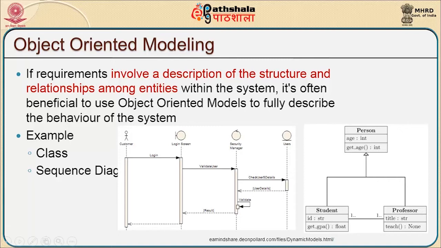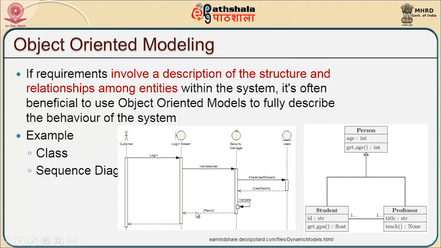So this gives a clear intention of a person, either a student or a professor. Between a student and a professor it is a one-to-one relationship, and both of them are supposed to be a person class, and it can also be plotted as a sequence diagram.